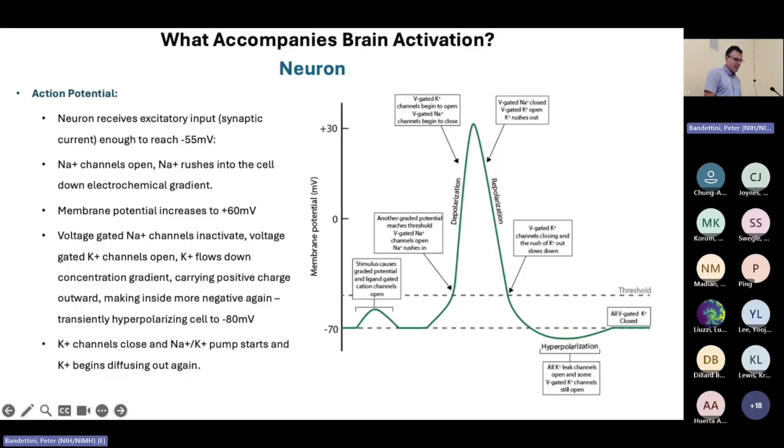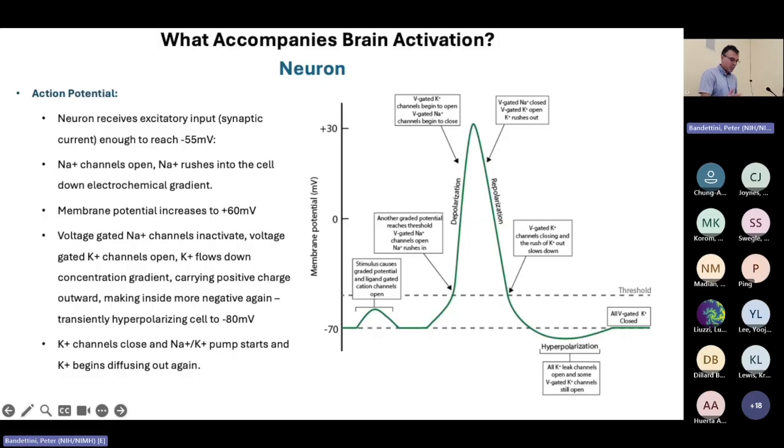Potassium flows down the concentration gradient, carrying positive charge outward, making the inside more negative again. This is a very brief cascade of events that takes on the order of 10 milliseconds or less, and it recovers pretty quickly as well.